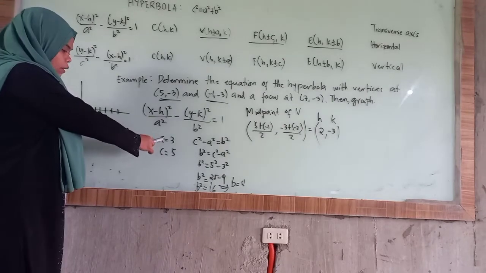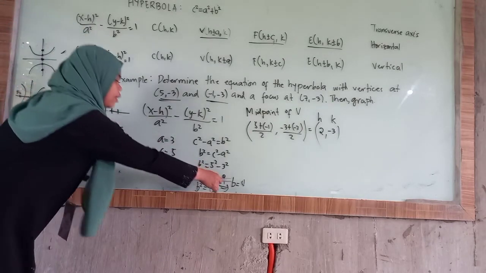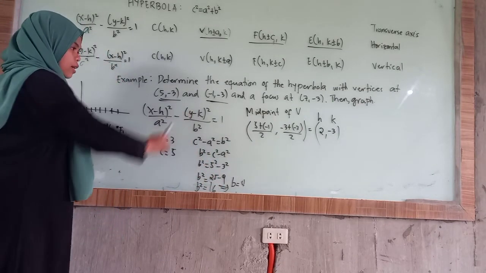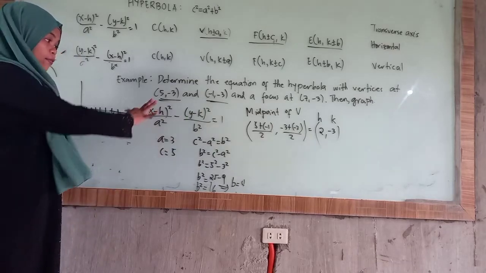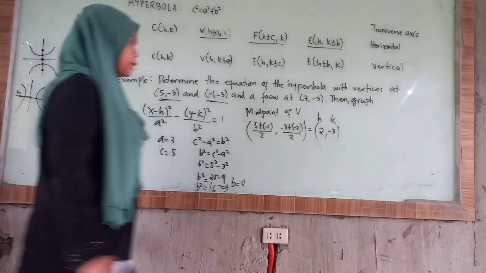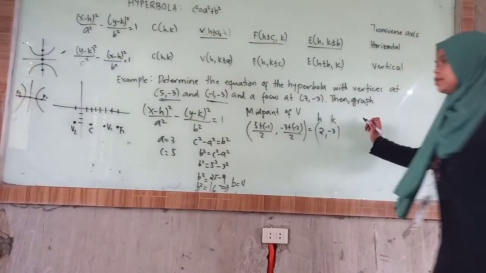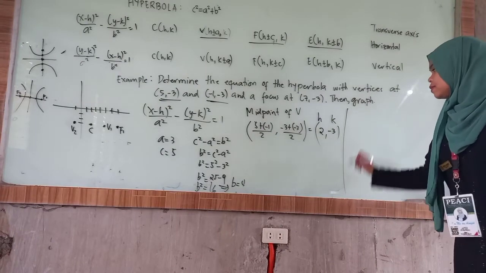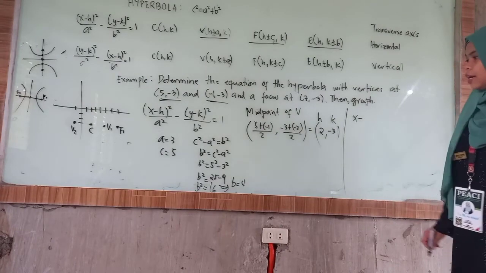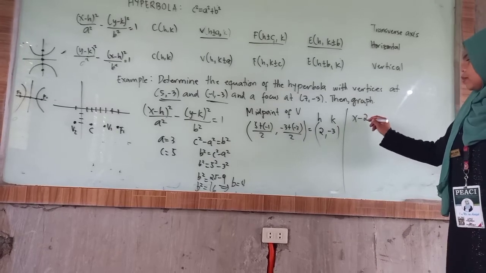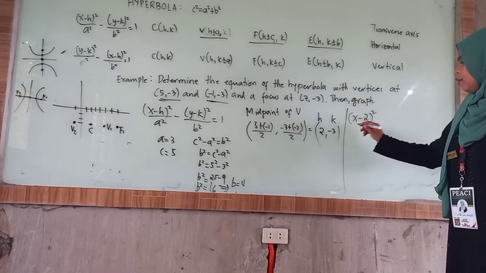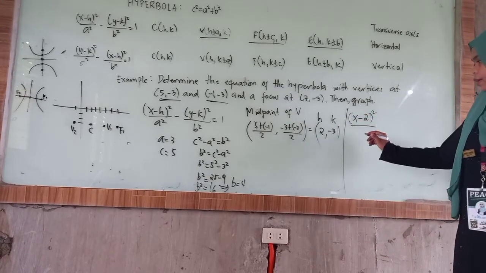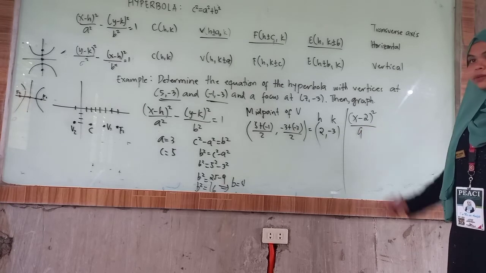So since I already have the values of A, B, H, and K, I can now have my equation. Okay? So that is x minus, ang H natin is positive 2 quantity squared over ang A natin ay 3. So 3 squared, that is equal to 9.